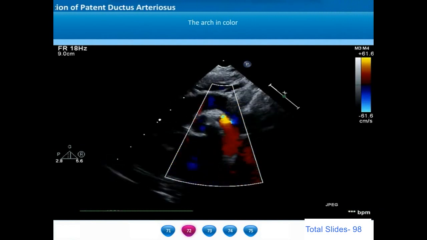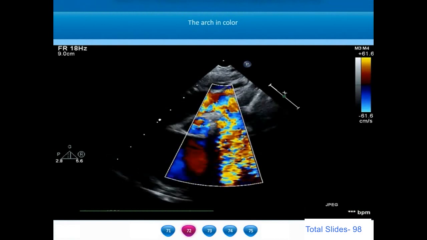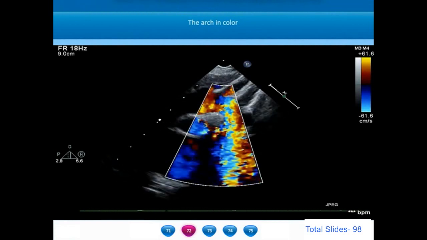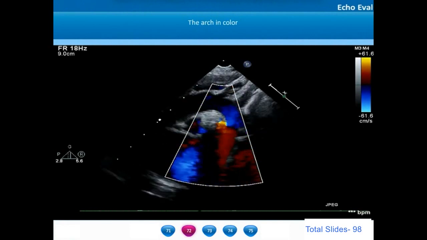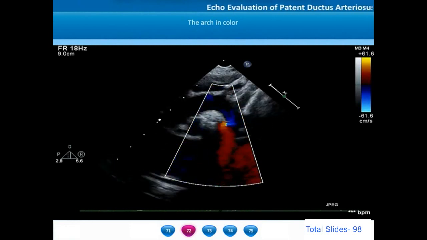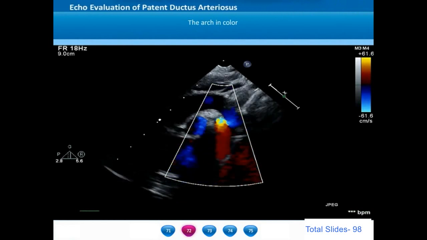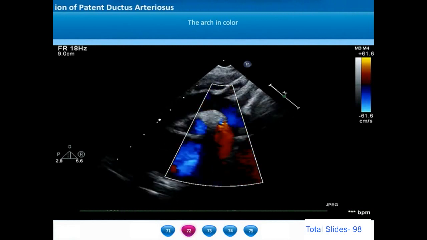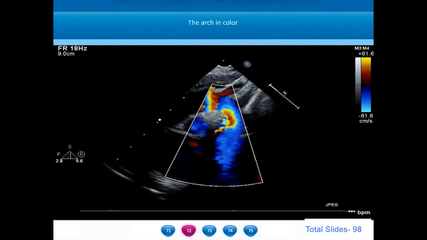The blood in the descending thoracic aorta in diastole flows in a reverse direction towards the aortic end of the ductus arteriosus, and the blood in the aortic arch flows towards the aortic end of the ductus arteriosus. So this causes the convergence of a blue color from the distal aortic arch and a red color in the proximal thoracic aorta towards the aortic end of the ductus arteriosus.